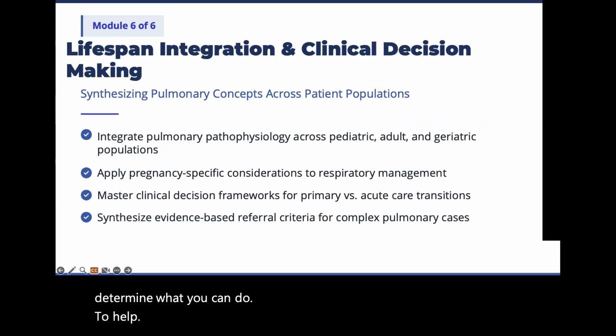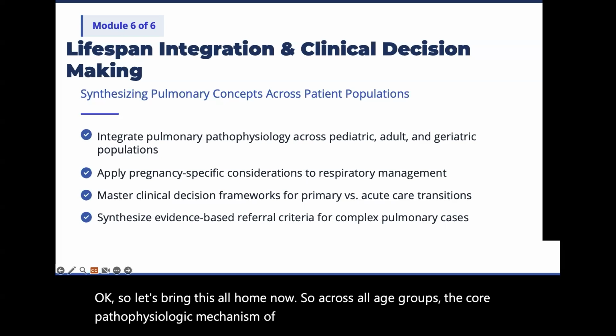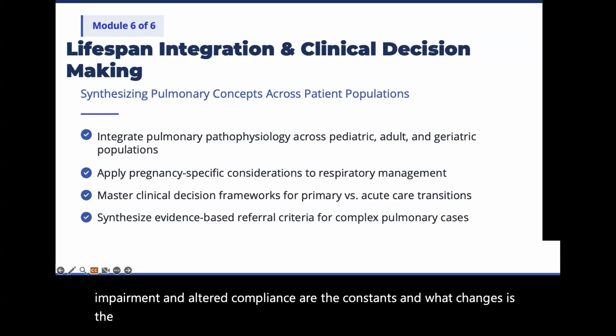Okay, so let's bring this all home now. Across all age groups, the core pathophysiologic mechanisms of ventilation-perfusion mismatch, diffusion impairment, and altered compliance are the constants. What changes is the physiologic reserve and the compensatory capacity.